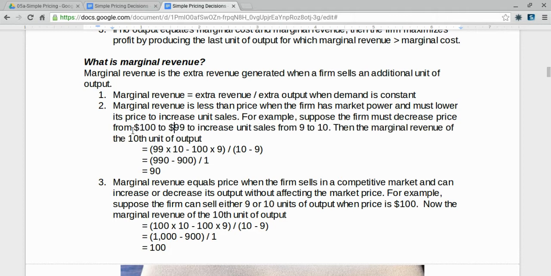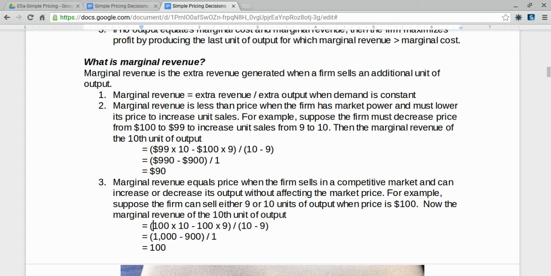Then the marginal revenue of the 10th unit is $99 times 10 minus $100 times 9, divided by the difference in output. Revenue goes from $900 to $990. Output increased by 1. And when we divide the change in revenue of $90 by the change in output, we get $90. The marginal revenue of increasing output from 9 to 10 is $90.